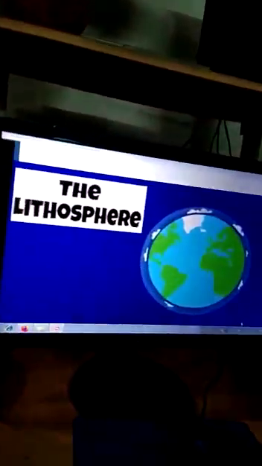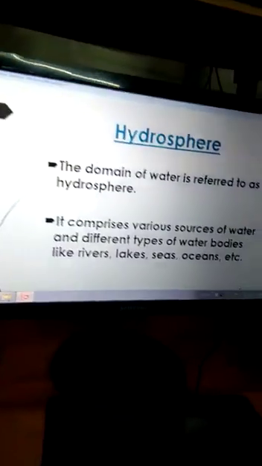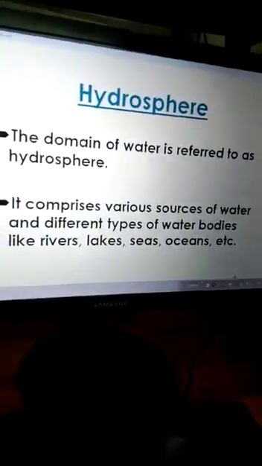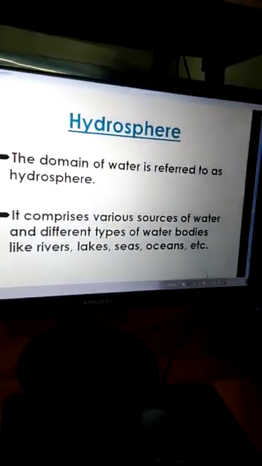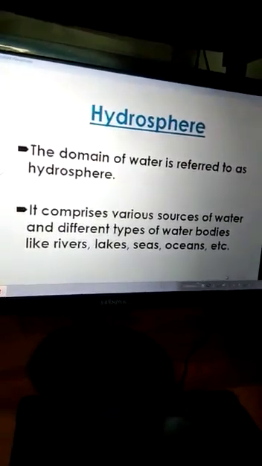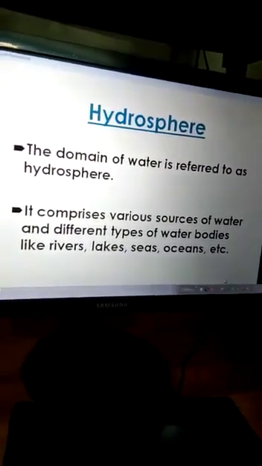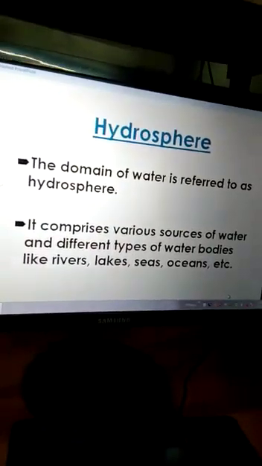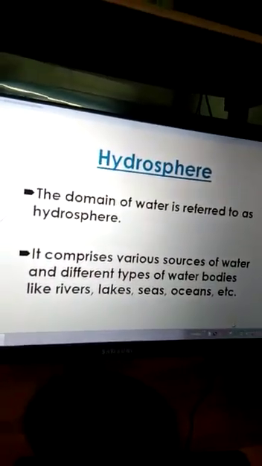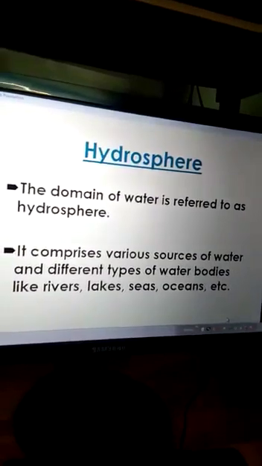We even get the most important mineral resources, the mineral wealth, from the lithosphere only. Next comes the second sphere, that is the hydrosphere, the domain of water bodies. All the water bodies are included in the hydrosphere. It can be all the rivers, oceans, lakes and ponds together that make the hydrosphere.